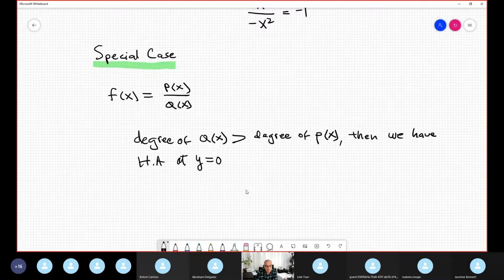And it's logical because the degree of Q is bigger than the degree of P. That means that this polynomial is increasing faster than this. Both are increasing, but this is increasing much faster than this. And when you have a division and the denominator increases faster, it's obvious that the quotient approaches 0. Let's see an example.